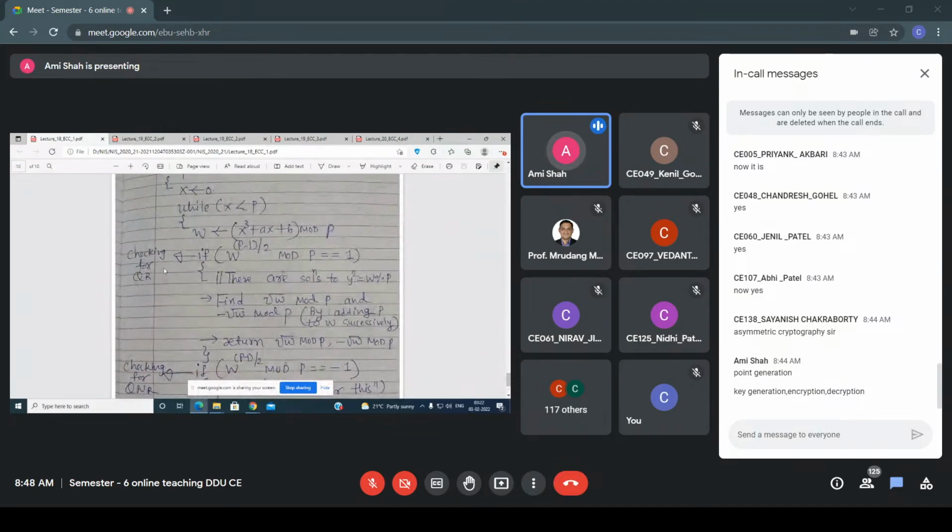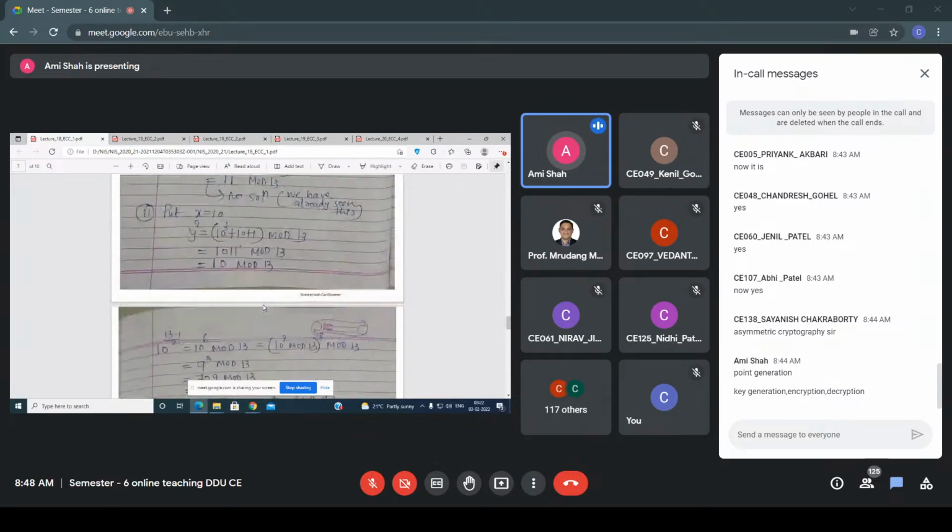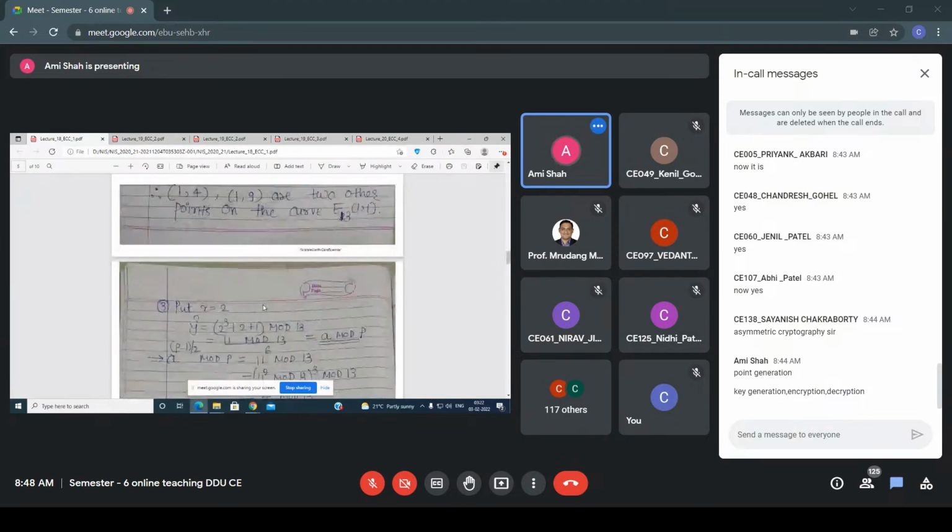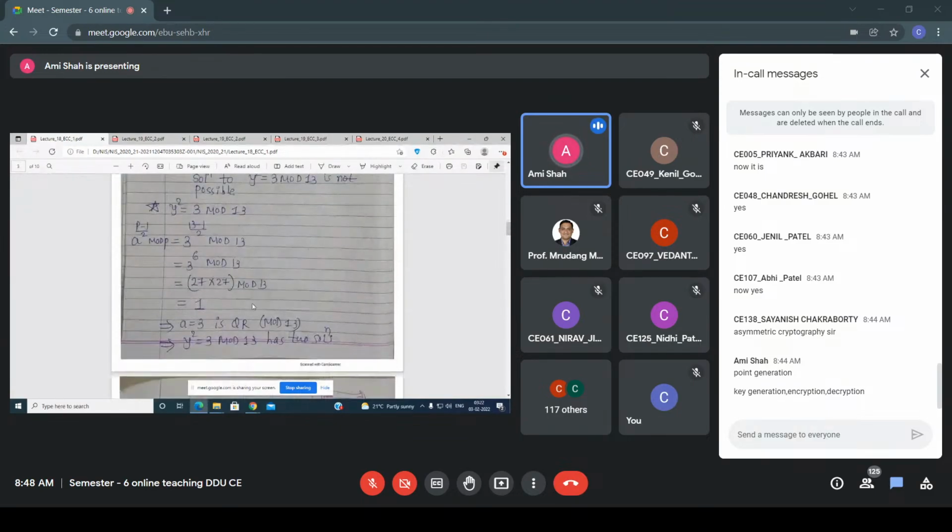Now see the algorithm, everyone. This is the algorithm that you have to follow. First of all, calculate it and then check whether it's a quadratic residue. If it equals 1, it's a quadratic residue, and then the solution is possible, and all of you know how to find the solution, right? One more point you have to remember, everyone: in this scenario, the 3 is not a perfect square.